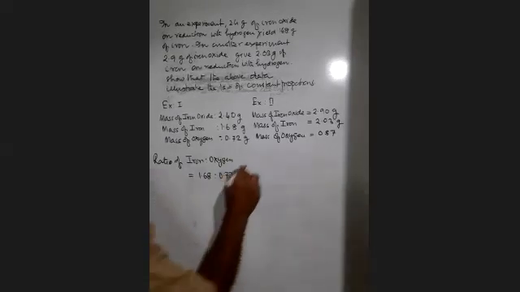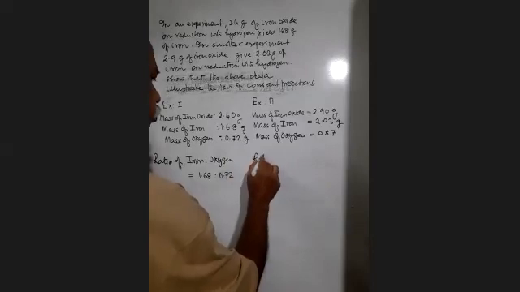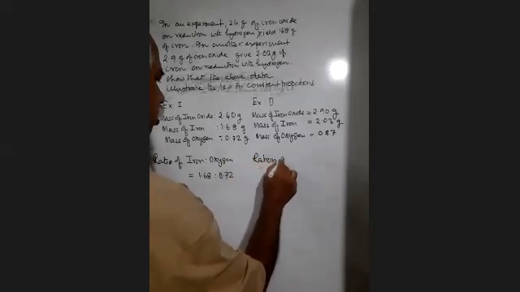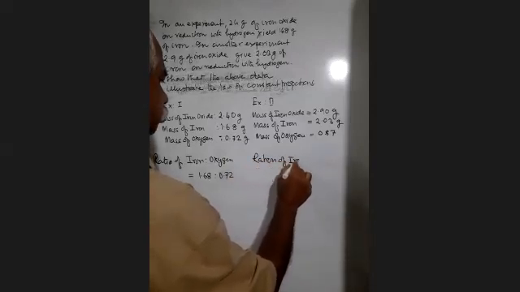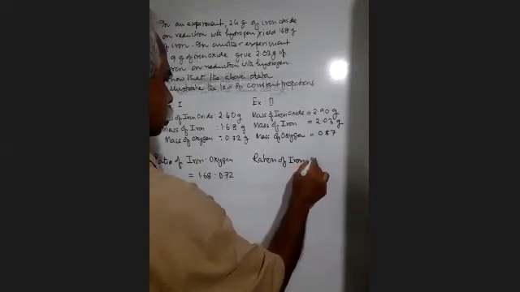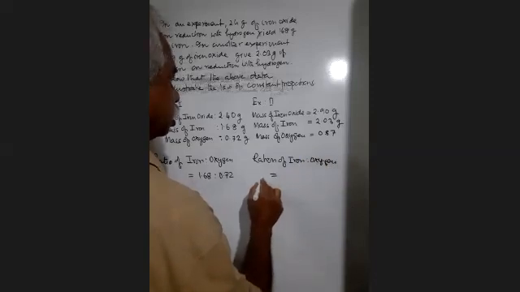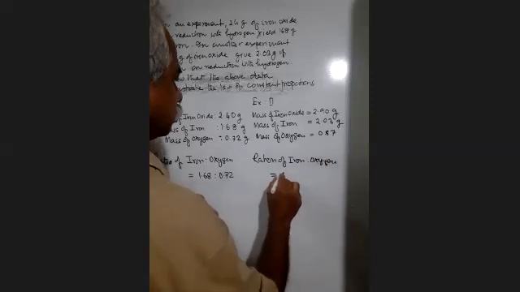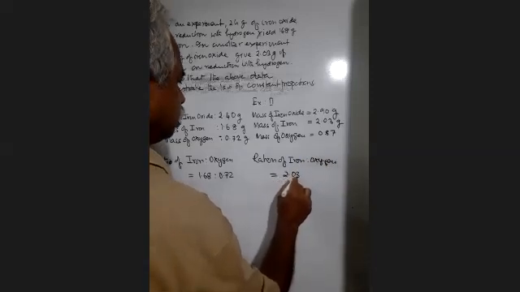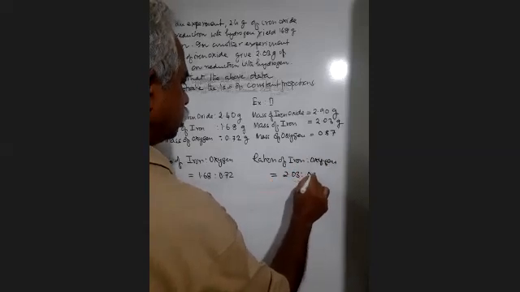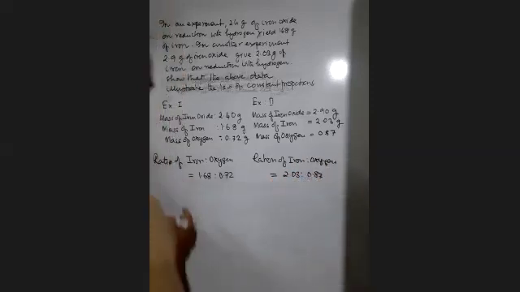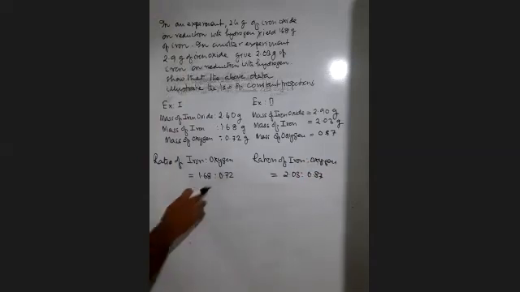And here, the ratio of iron is to oxygen is 2.03 is to 0.87. So let us divide, let me divide this one by 0.72.